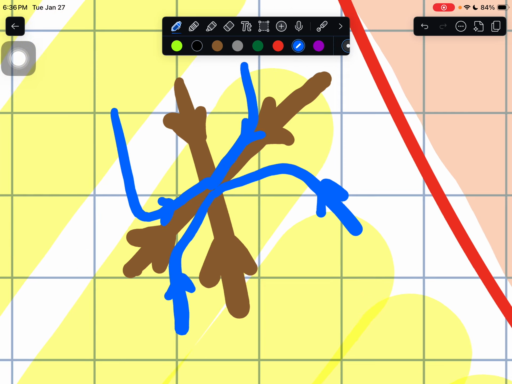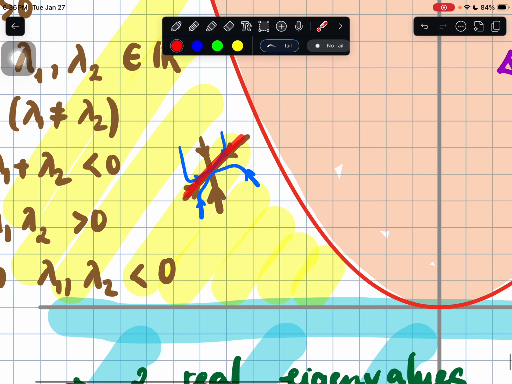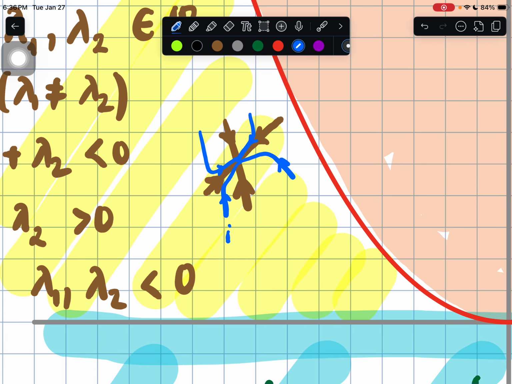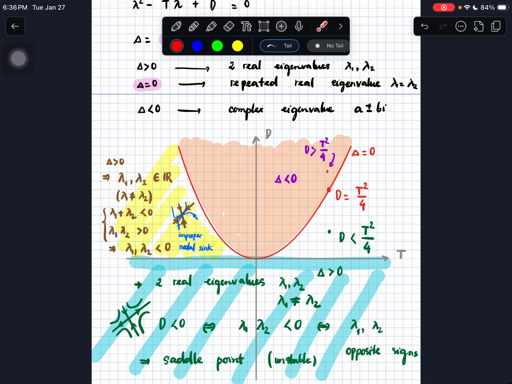If we zoom close to here, it follows one of the eigenvector lines. Improper nodal sink. And we do similarly, we can have an improper nodal source in this case.